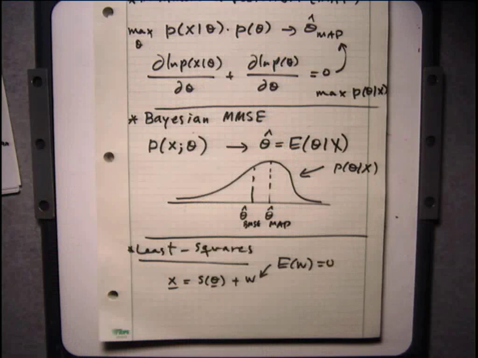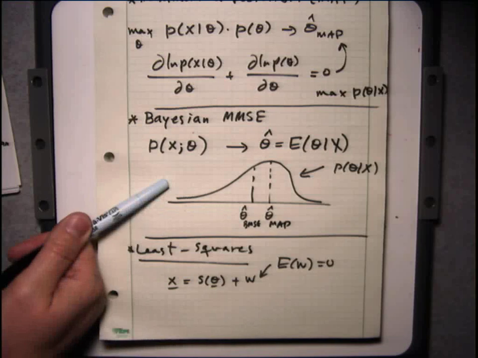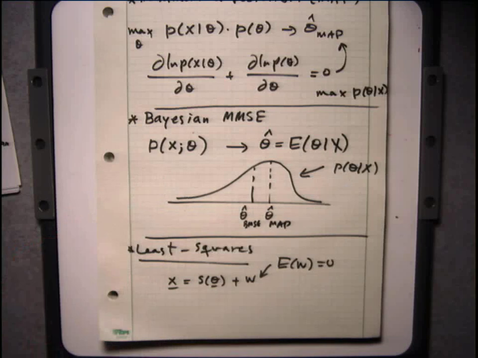Then you have an interpretation for any kind of regularization, any kind of penalty that you put on the parameters. You can interpret that as prior information on theta. You can't do that here very easily. In other words, if you wrote your minimum mean squared error and then you penalized theta independently, I can't interpret that very easily anymore.